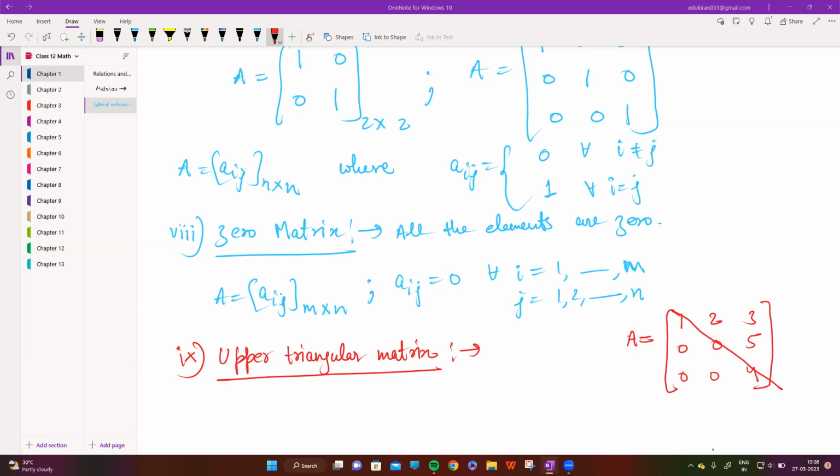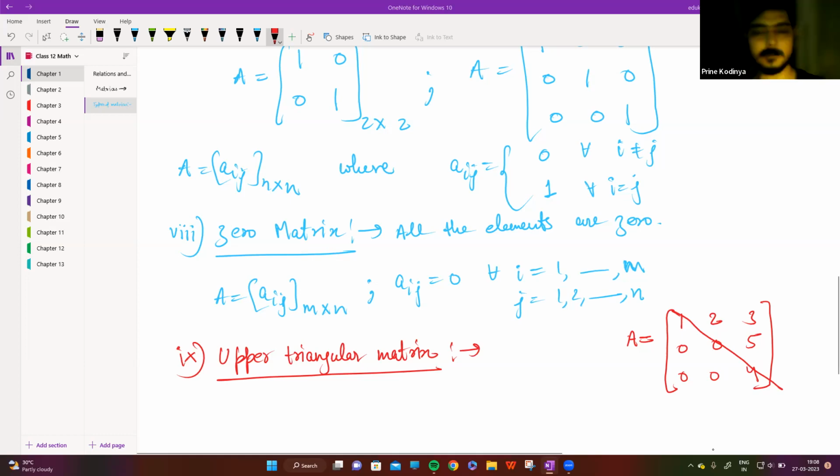So this diagonal will divide any square matrix into two triangles, right?